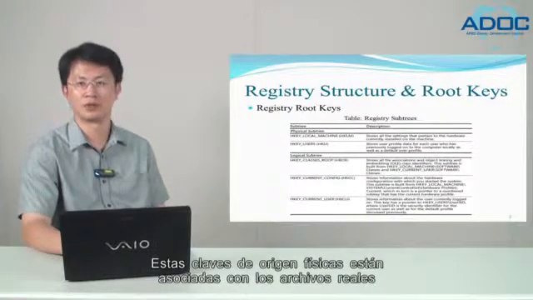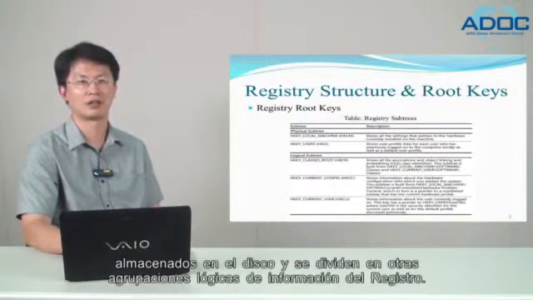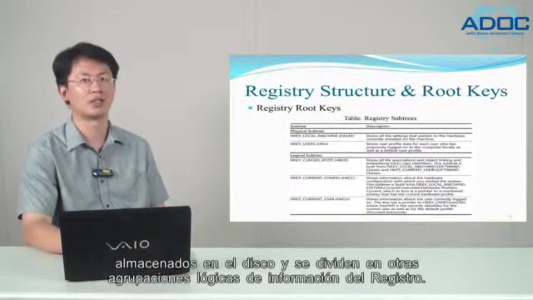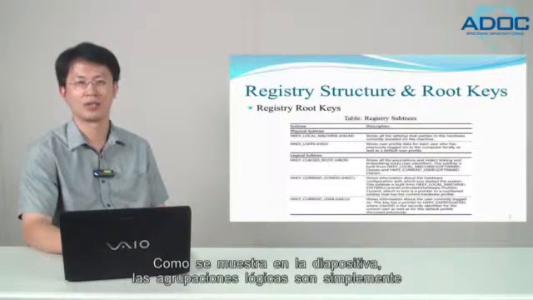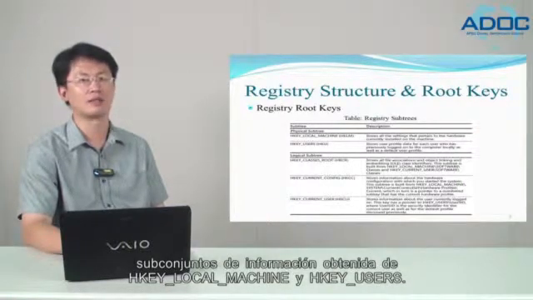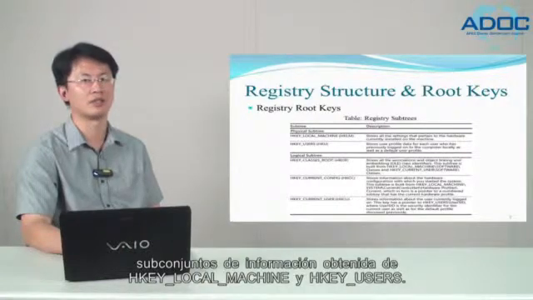These physical root keys are associated with actual files stored on the disk and are divided into additional logical groupings of registry information. As shown in the slide, the logical groupings are simply subsets of information gathered from HKEY_LOCAL_MACHINE and HKEY_USERS.